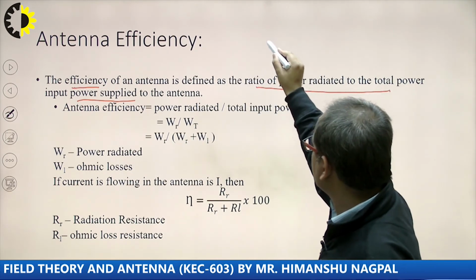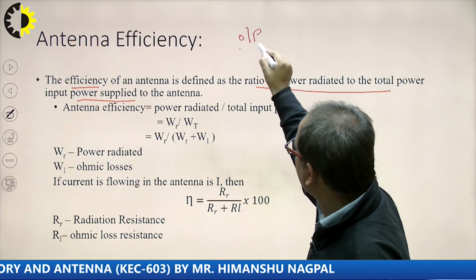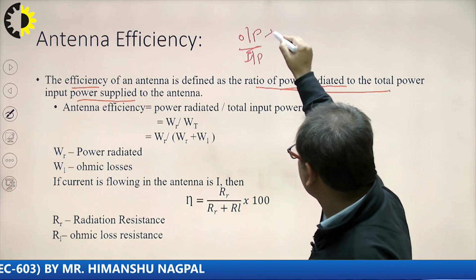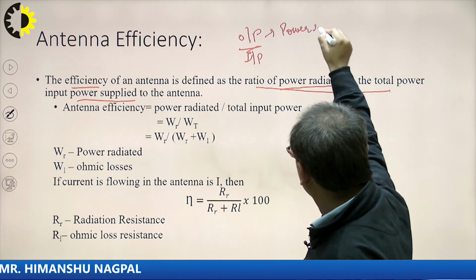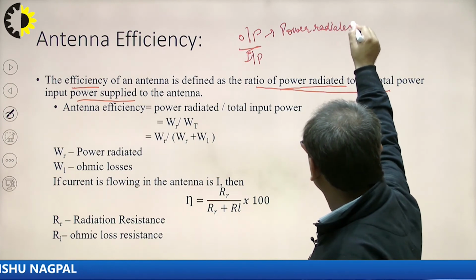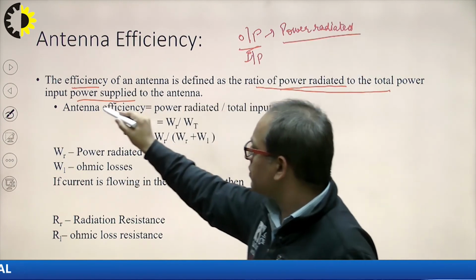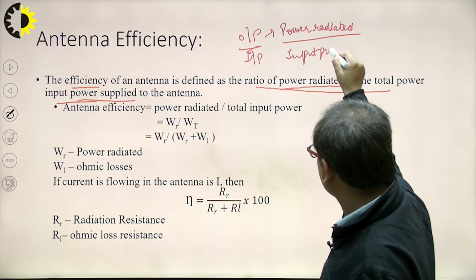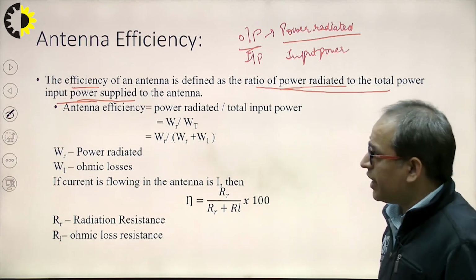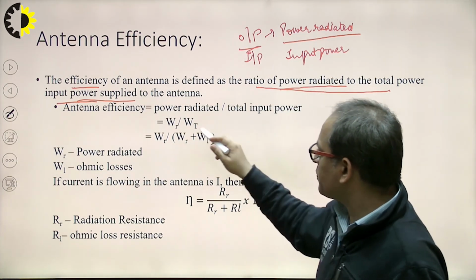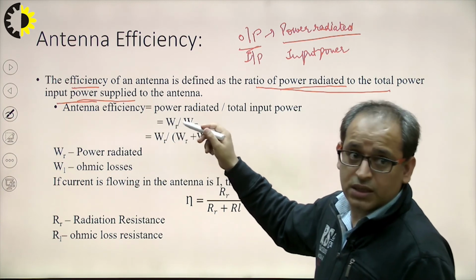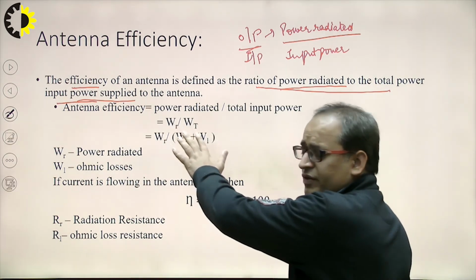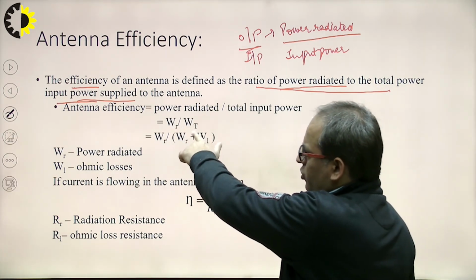So efficiency is all what? You know what is efficiency? Output upon input. And what is the output? Output is the power radiated and input is what? I am just providing some input power, that defines what? Antenna efficiency. The power radiated divided by the total input power, that is WR divided by WT.